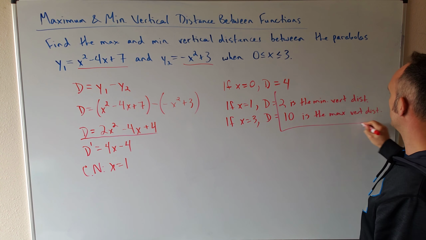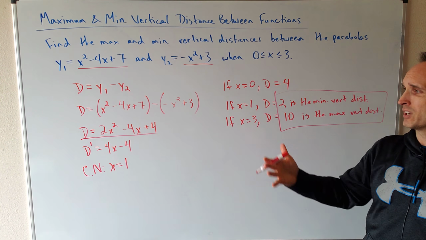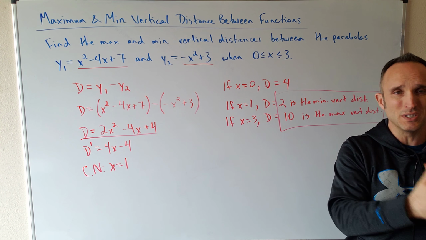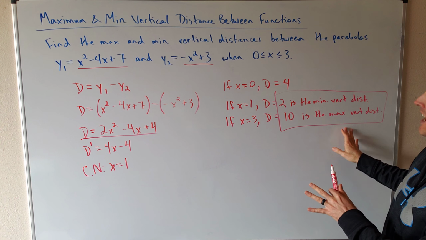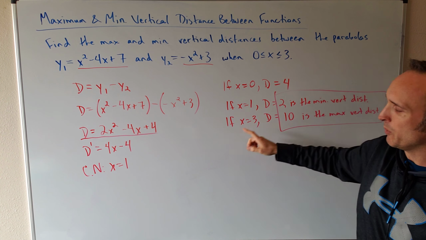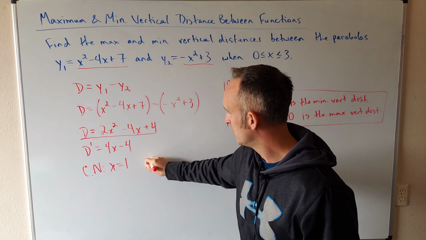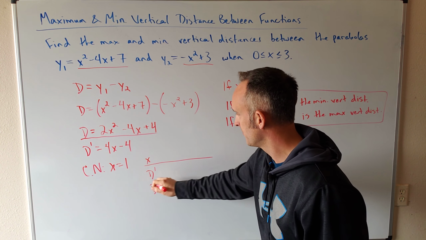Okay? So this one was kind of nice because it was on a closed interval for a continuous function, so we were guaranteed by the extreme value theorem to attain an absolute max and an absolute min. If we didn't have the closed interval, we would have to set up a chart where we look at x, d prime, and d.